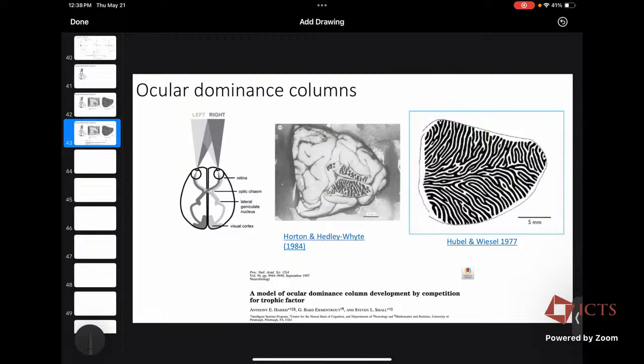That would be my best guess. This comes down to how much of development is hardwired versus how much of it is coming from activity dependent processes or dynamical processes. I'm reasonably certain that this is coming from a dynamical process rather than some genetically pre-wired process.